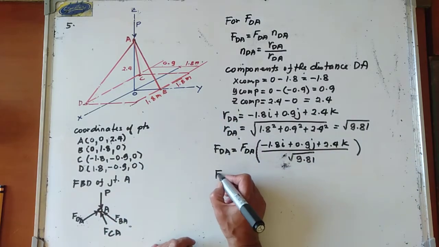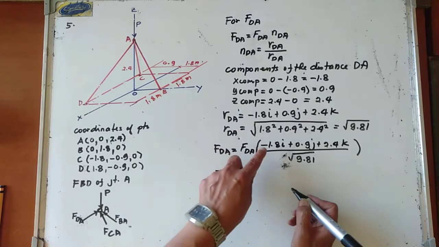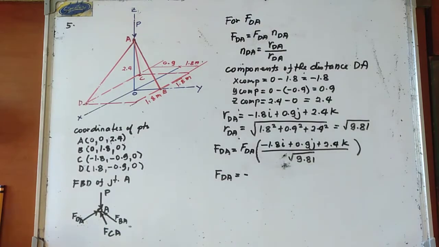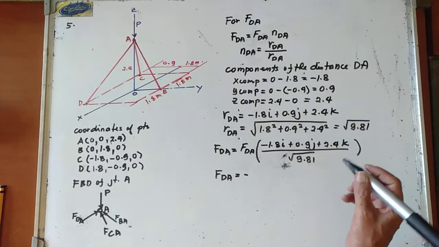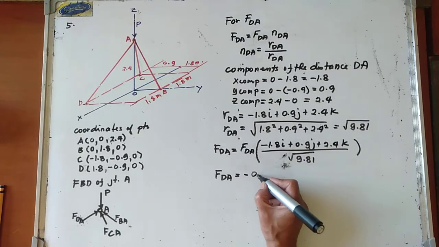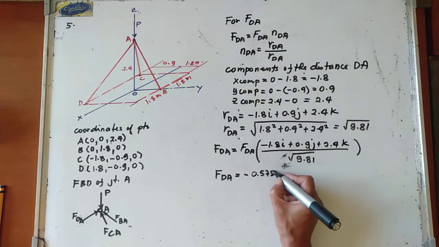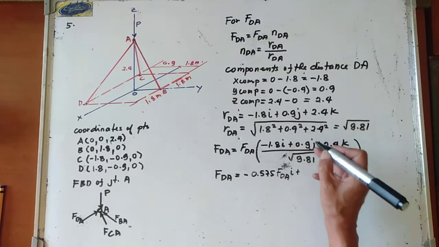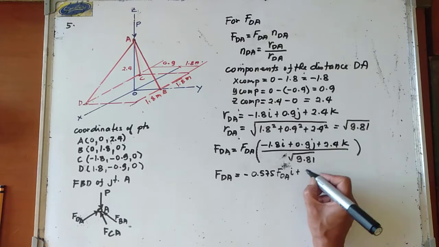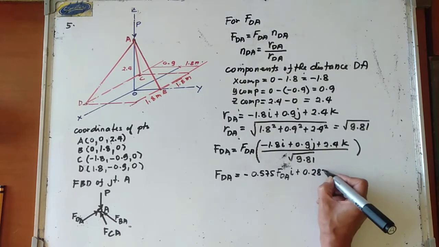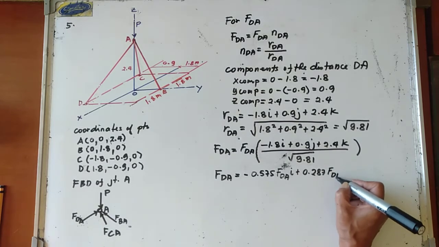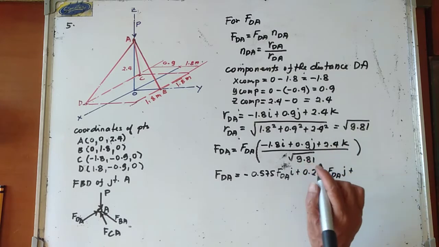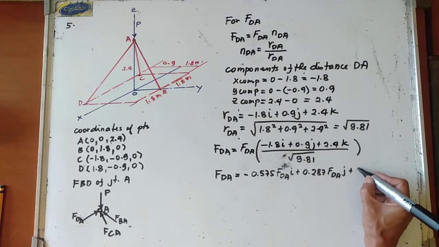So this is equal to 1.8 over the square root of 9.81, and that is equal to minus 0.575 FDA i, plus 0.9 over the square root of 9.81, that is 0.287 FDA j, plus 2.4 over the square root of 9.81 is 0.766 FDA k.